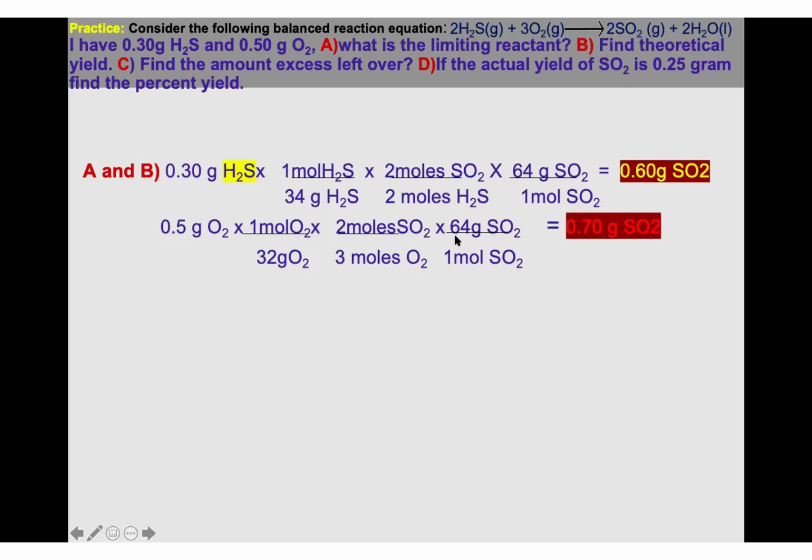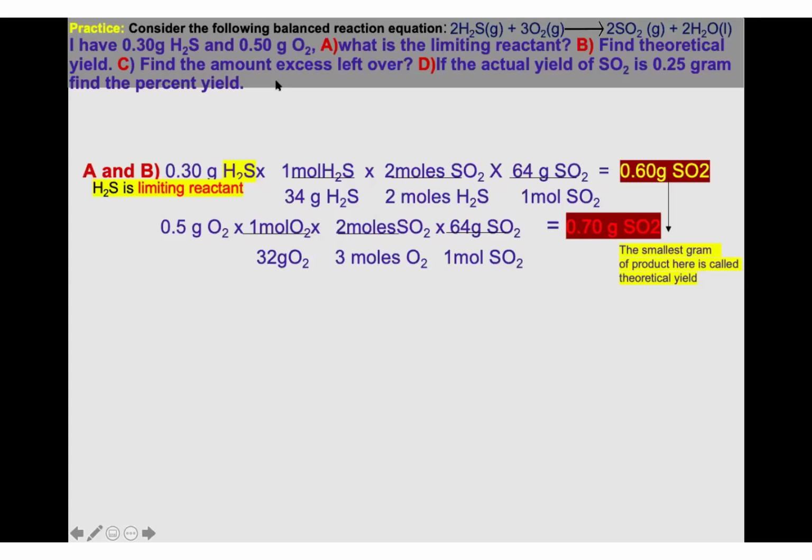Then I convert to the gram of SO2. So what is the limiting reactant, guys, here? H2S. Why? Because it produces the smallest product. What is the theoretical yield? 0.6 gram of SO2. So I already got the A and B done.